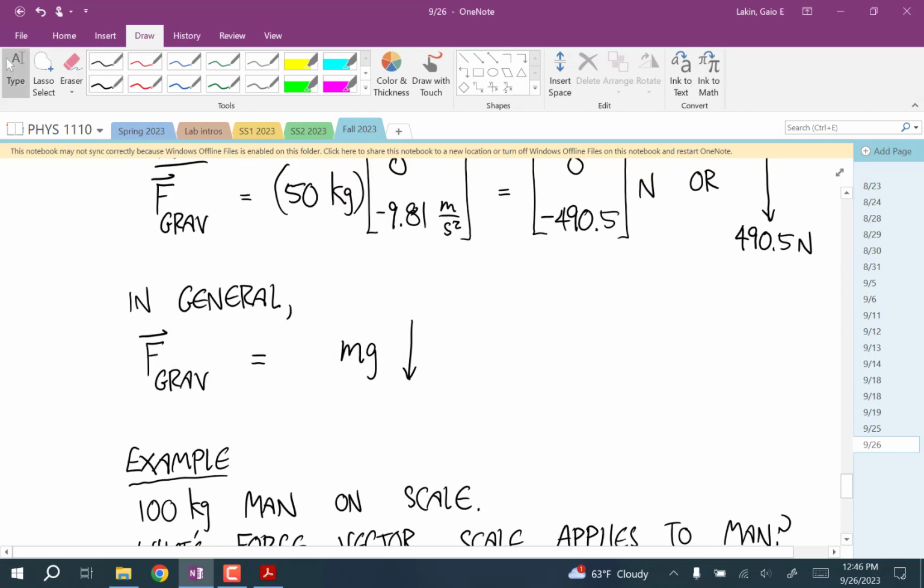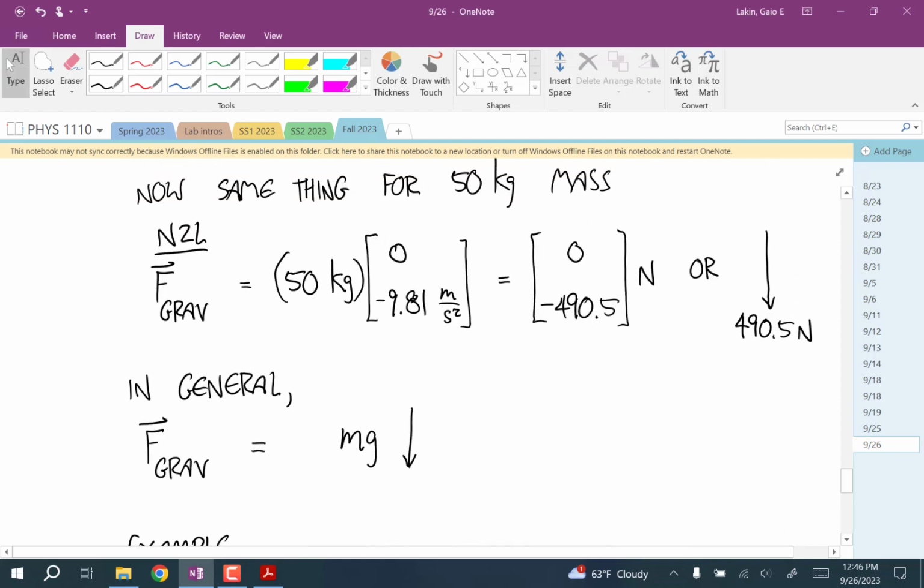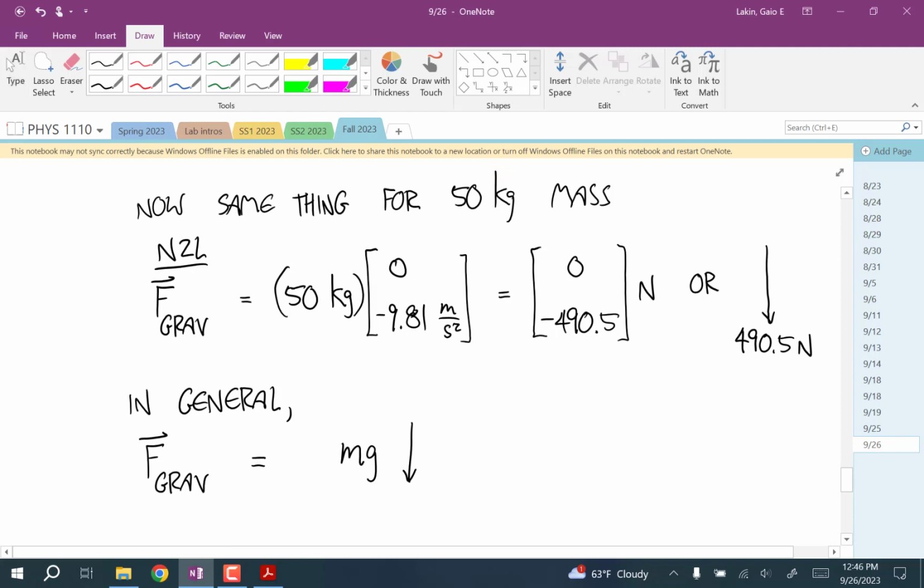One thing I said before was, remember this, do scales measure force or do they measure mass? Force. They measure force, right. And on a scale, there are always conversions that let you see what your mass is based on your weight. But that conversion is assuming that you're on the surface of the earth.